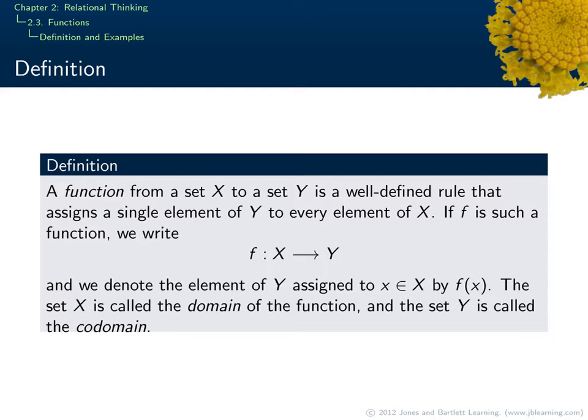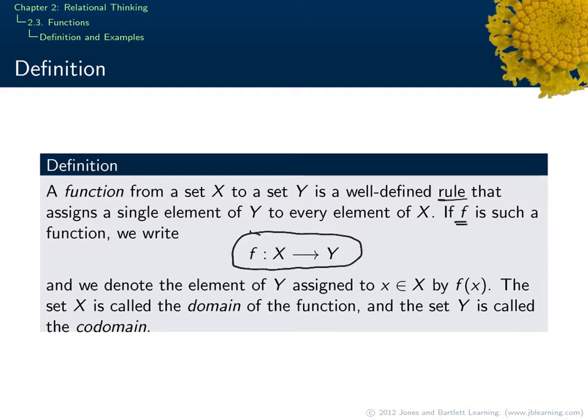A function from a set X to a set Y is a rule that assigns to each element of X a single element of Y. And if f denotes such a rule, we write this notation to indicate the function.